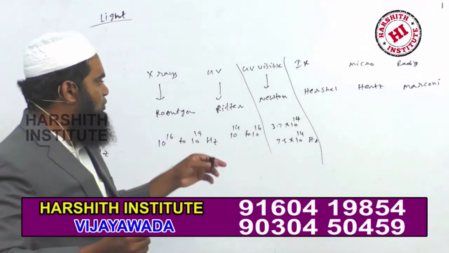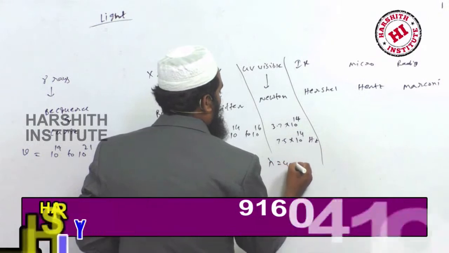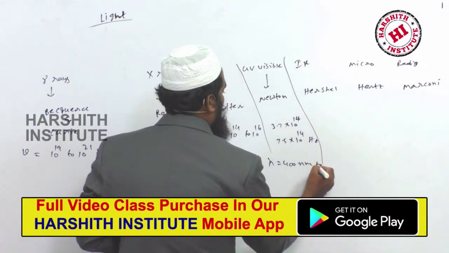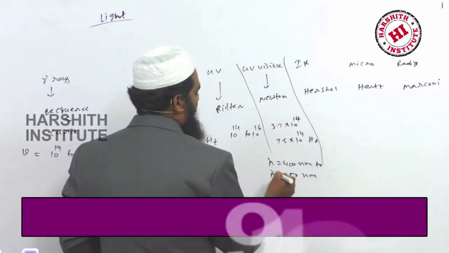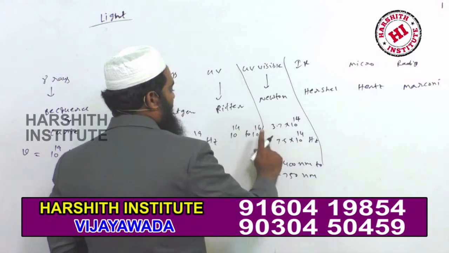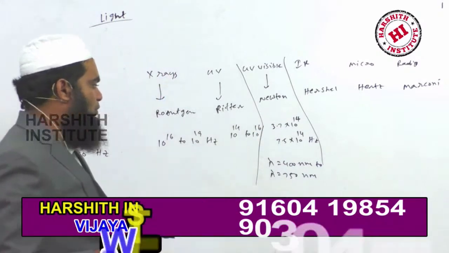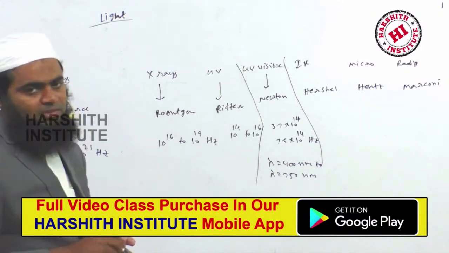So this is the frequency. Then the wavelength, lambda, will be 400 nanometers to 750 nanometers. Lambda means wavelength. So the wavelength of the visible range is roughly 400 nanometers to 750 nanometers.